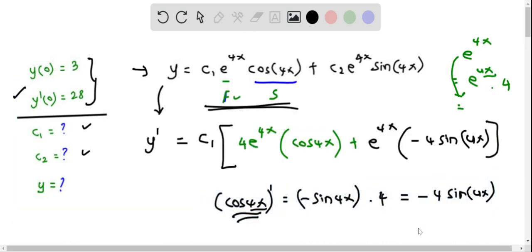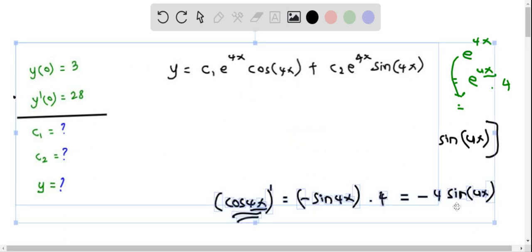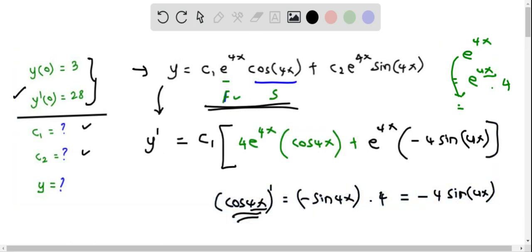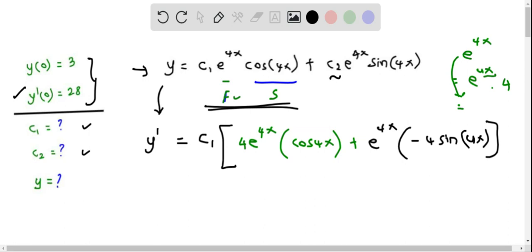Now we will do the derivative of the second term. We just clean this up. So in the second term, I consider C2 as a constant, and e power 4x I can consider as the first term, and sine of 4x as the second term.